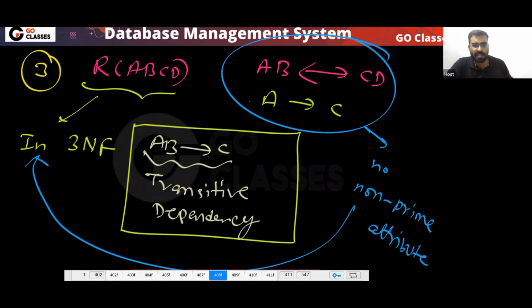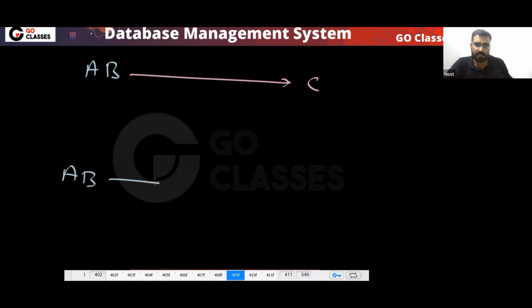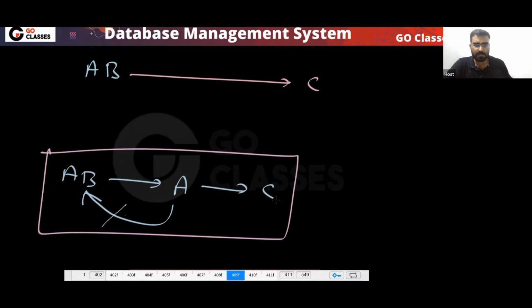In this transitive dependency, what is happening? AB determining C is transitive. Why? Because AB can determine A, and A can determine C, but A cannot determine B. So AB determining C is a transitive dependency.